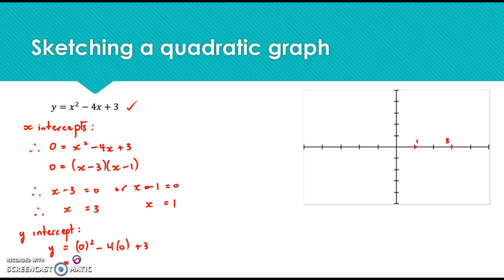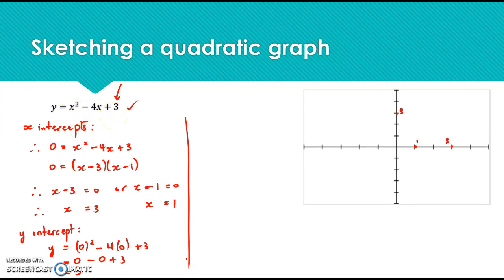Now of course 0 squared is 0, 4 times 0 is also 0, plus 3. So we've got a value of 3 there for our y-intercept, and we can mark that in too. So here's our point 3, and I'll just mark that in as a 3 as well. Some of you will have picked up that of course the y-intercept is always a constant term, the other 2 terms dropping out.